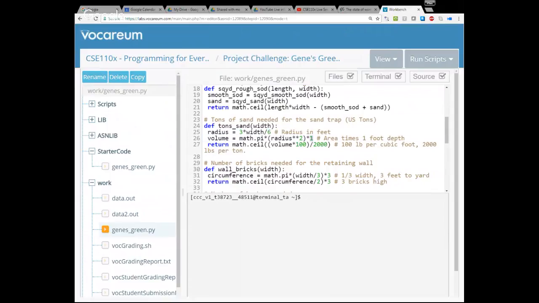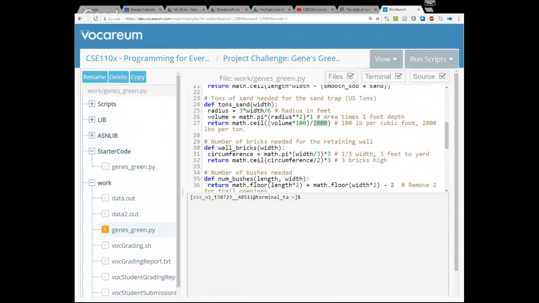Then I take the result of volume times 100 because it's 100 pounds per cubic foot, and I divide by the US standard ton, not metric ton, which is 2,000 pounds. So this ends up being 2,000. So I get the result for tons of sand there.